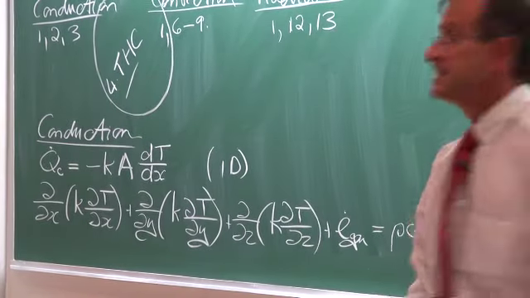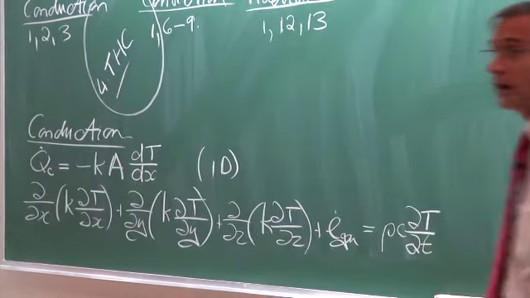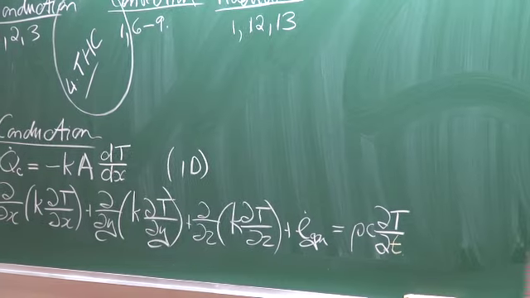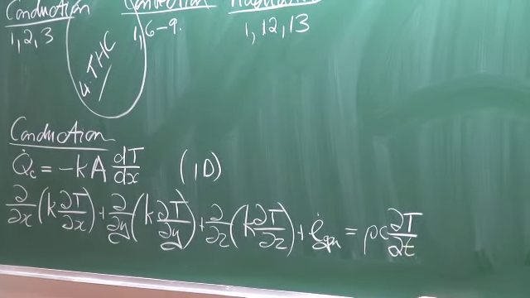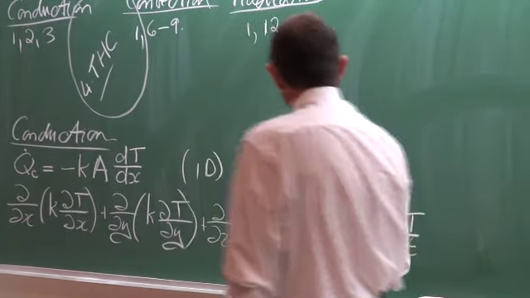But we've got two T's here, one for temperature and one for time. Okay, so this is the general heat conduction equation in 3 dimensions. The x direction, the y direction, and the z direction.